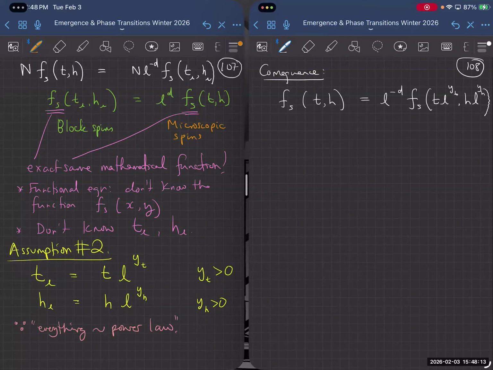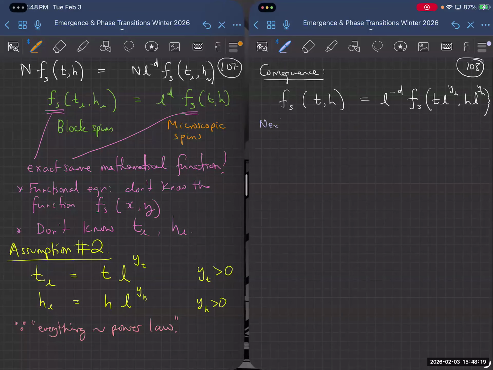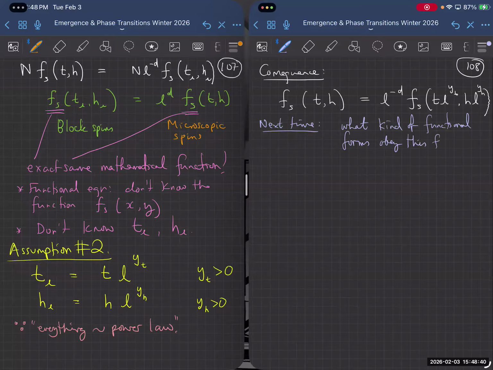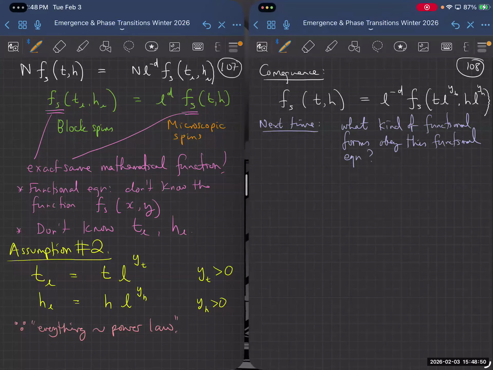Only very specific functions. So what we're going to see next time is what kind of functional forms obey this functional equation. And the most important thing about this, I want to stress, is that we didn't say what L is.